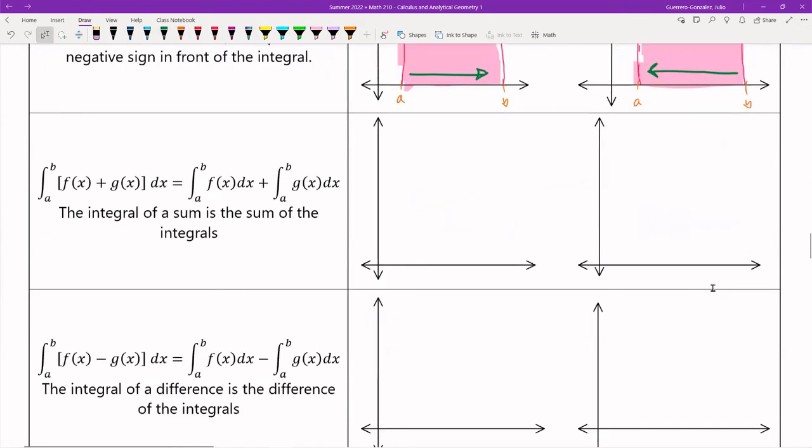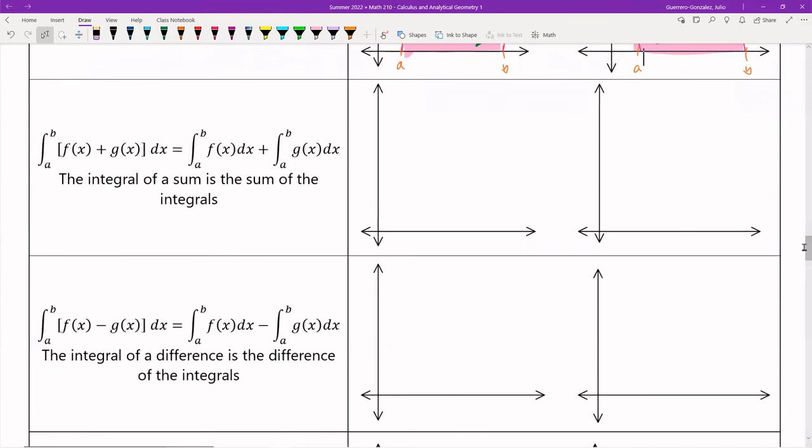The next one: the integral from a to b of f of x plus g of x is equal to each one separate. Hopefully this one already makes sense.